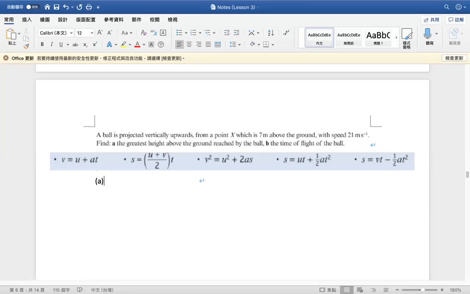So here, for part A, the hint is v equal to 0.